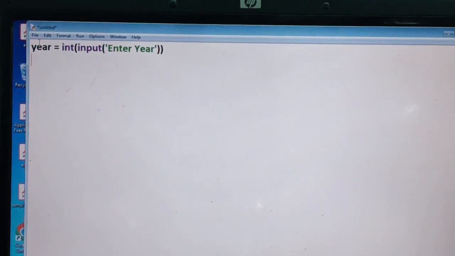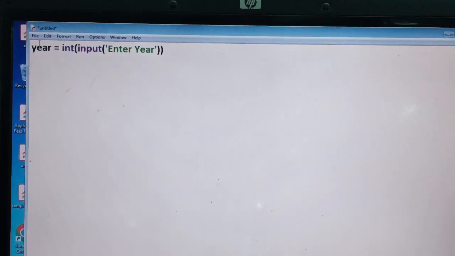Now the first and foremost condition is to check whether that year is divisible by 4 or not. Okay, and for the divisibility, which operator do we use, guys? Yes, you are correct, it's the modulus operator. So we would be using the modulus operator.